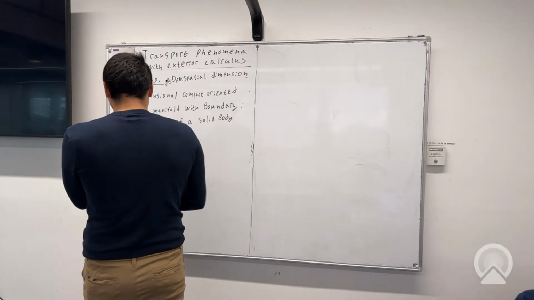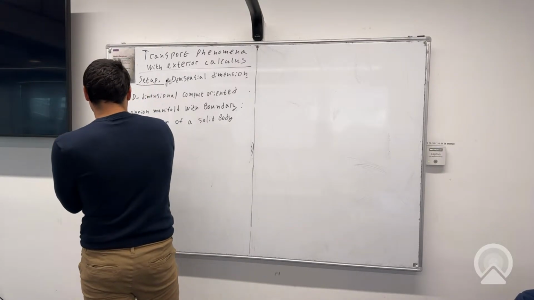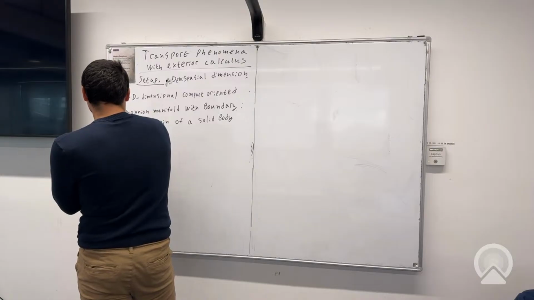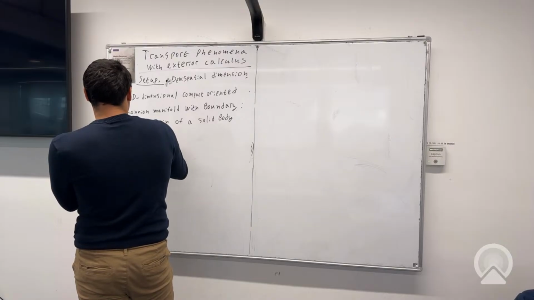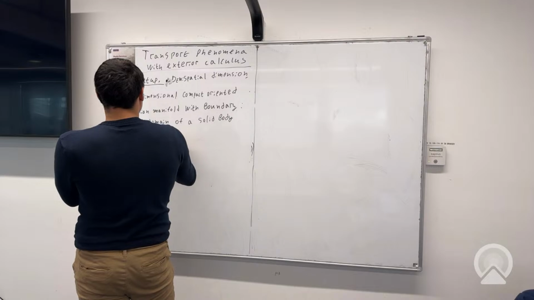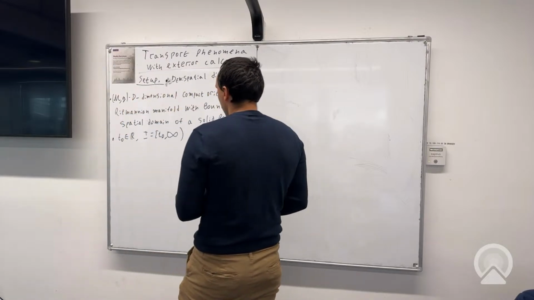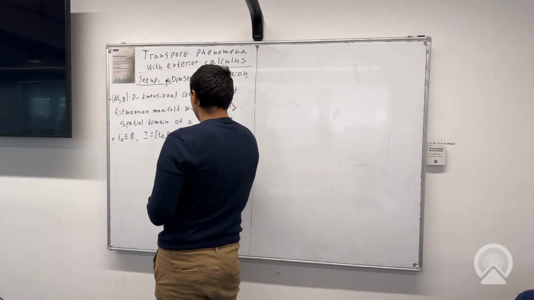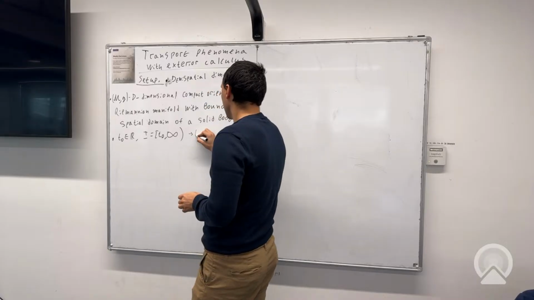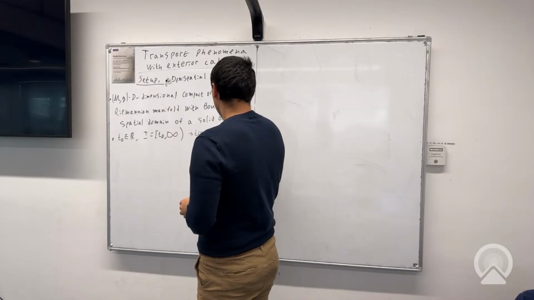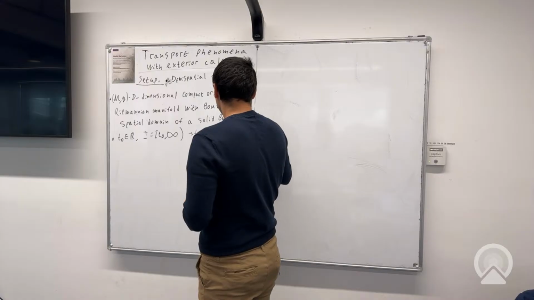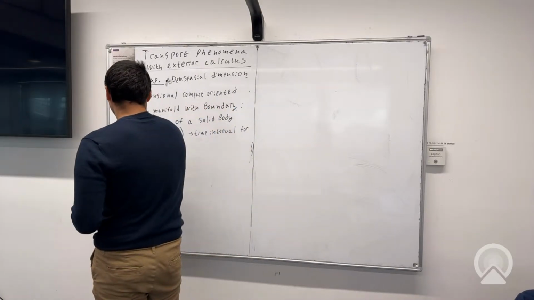We have T0, some real number, and I is T0 to, maybe not to infinity, but for me it's easier to fix infinity. This is the time interval for the problem, the phenomenon.